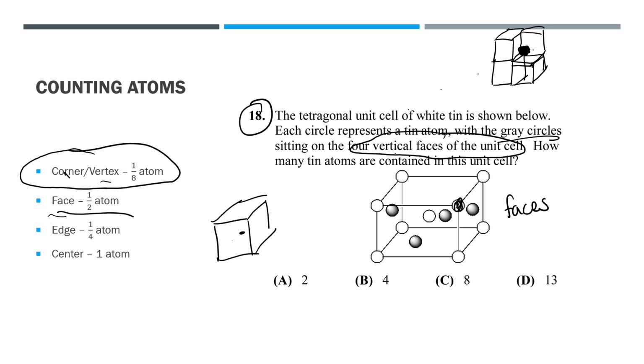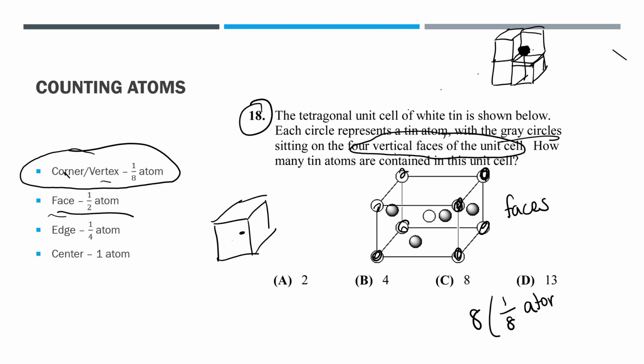So we have 8. You can see we have 1, 2, 3, 4, 5, 6, 7, 8. We have 8 tin atoms at the corner. But remember, this doesn't just mean 8 tin atoms owned by this unit cell. Each corner is shared by 8. So we have 8 times, but the unit cell only owns 1/8 of each corner atom.